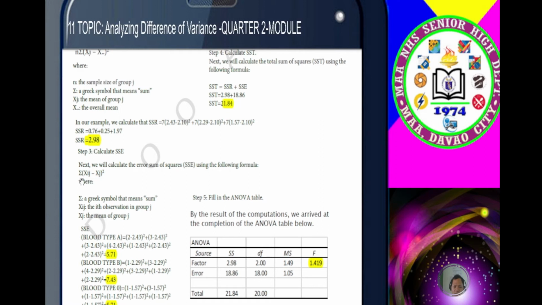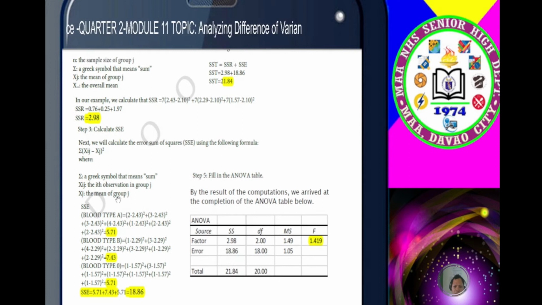Now we will compute for the errors. Just follow this formula: the summation of x sub ij minus x bar j. This means the ith observation in group j minus the mean of group j. Or simply, subtract each element in each group by its group mean.